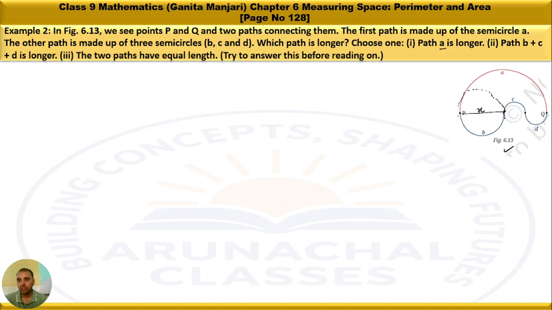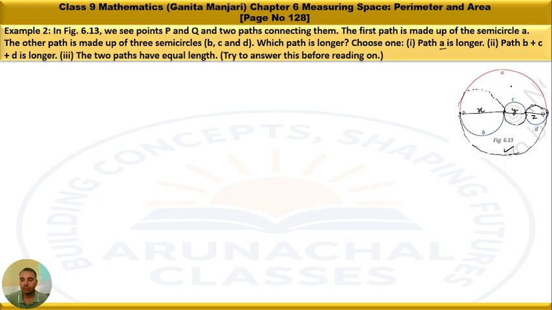If I complete this circle, it will have a diameter y. If I complete this circle, I will consider the diameter as z. And if I complete this bigger circle, it will have a diameter x plus y plus z.